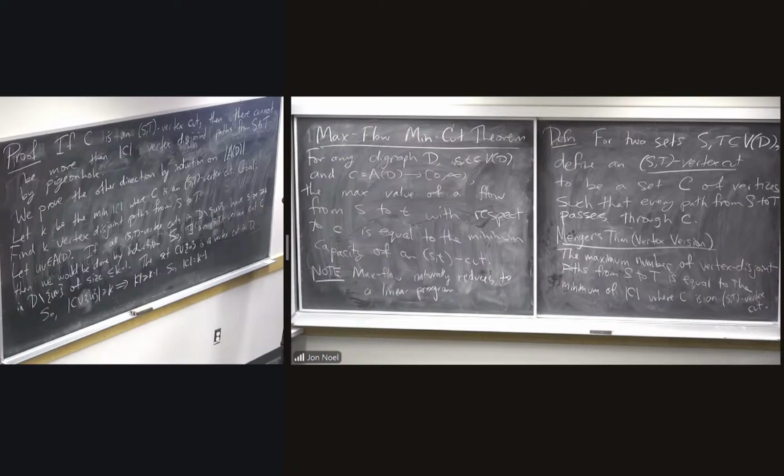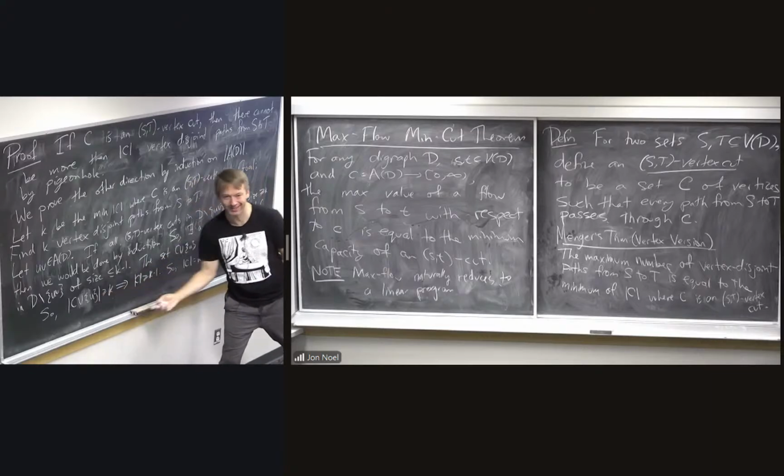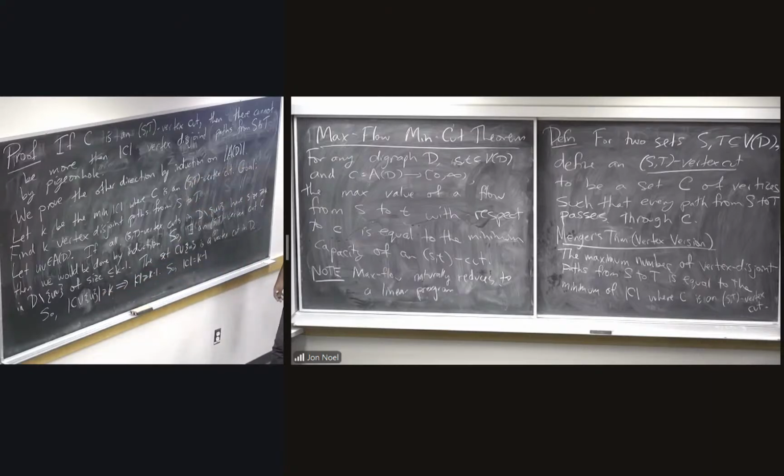So you would probably end up starting again anyway and coming up with this vertex cut. You can't really guarantee where it's going to be, but you just know it exists.